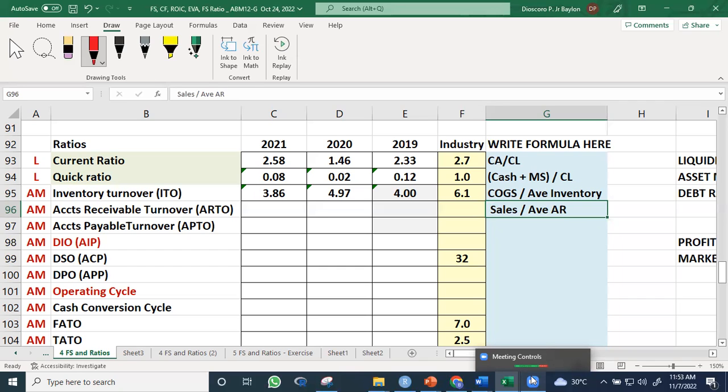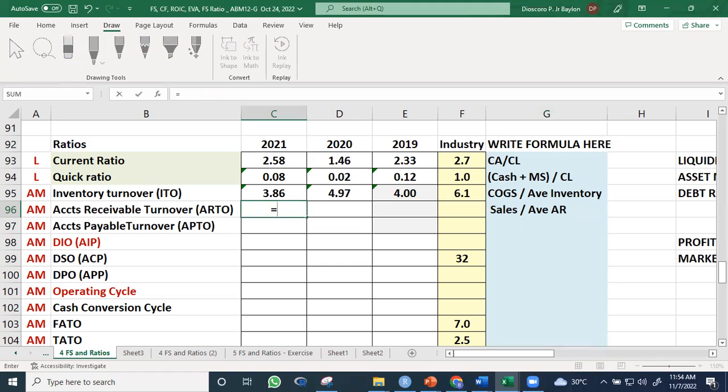So pwedeng gawin yan, yung i-average yung AR monthly para it's a much better reflection of the average for the whole year kaysa isang figure lang at the end of the year or average lang ng beginning at saka ending. Of course, kunyari sa quiz, walang binigay na AR at the beginning of the year, so you're left with the use of the end of the year. Yun na lang gagamitin.